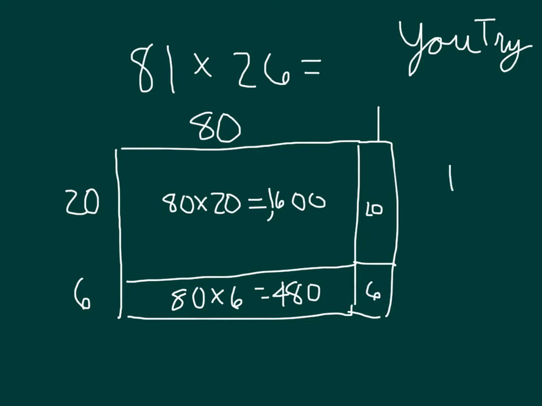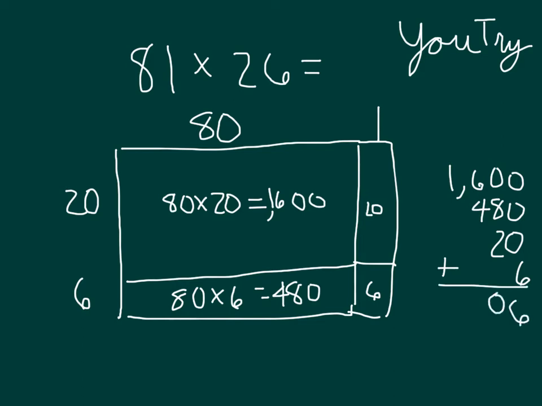We'll add those amounts together. In the ones place is 6, 8 plus 2 is 10, 0 regroup a 1, 6 plus 4 is 10, plus 1 is 11, 1 regroup a 1, and 1 plus 1 is 2. So our product is 2,106. Look over your work.